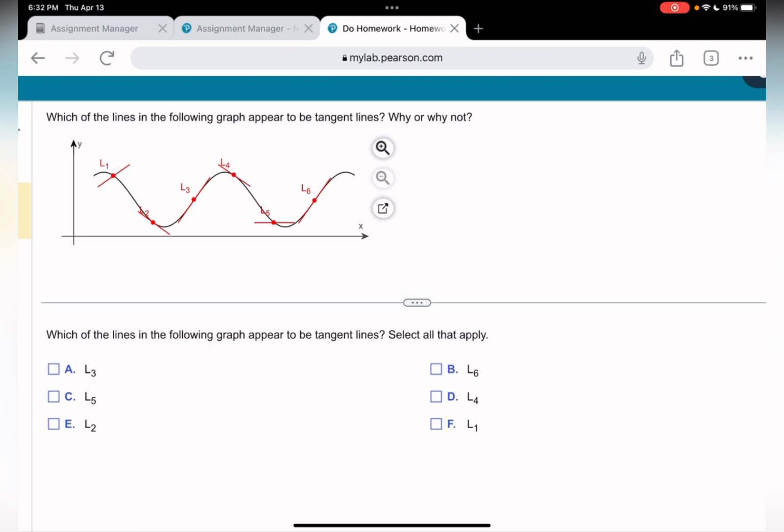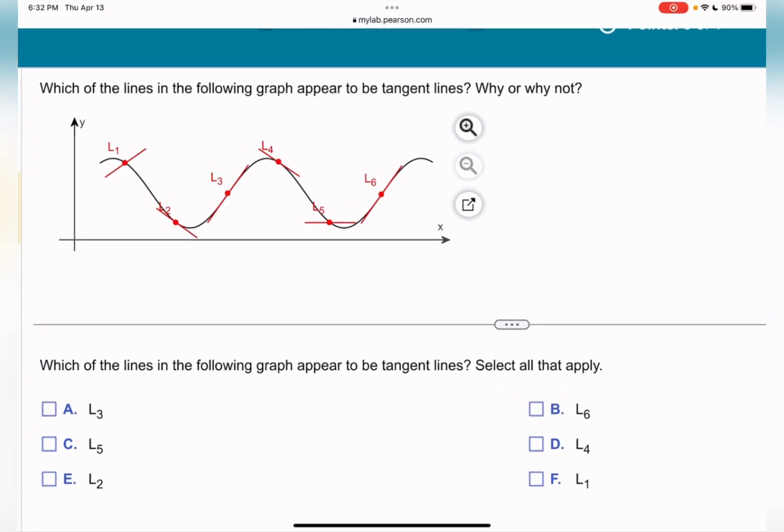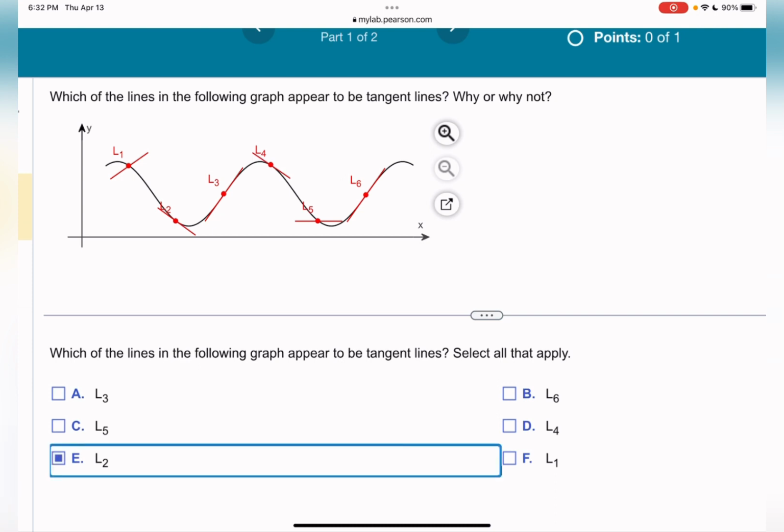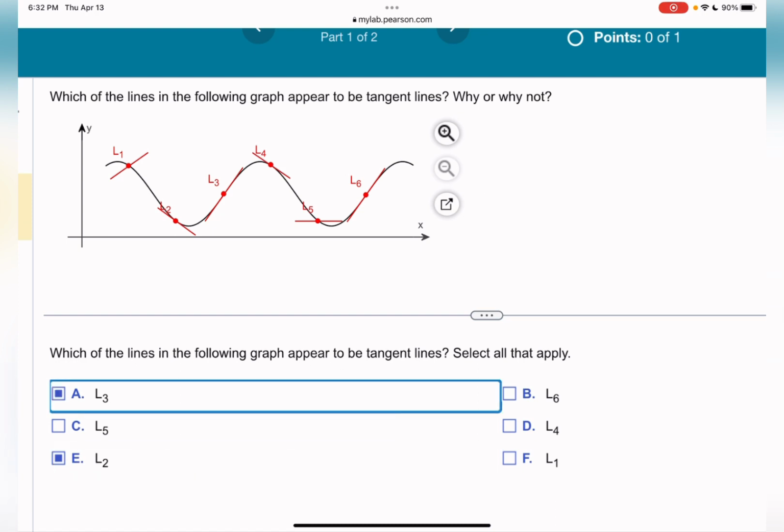Which of the following lines appear to be tangent lines? So first one, we have L1. L1 is not a tangent line. L2 is a tangent line, marking down. L3 is not a tangent line. L4 is a tangent line.